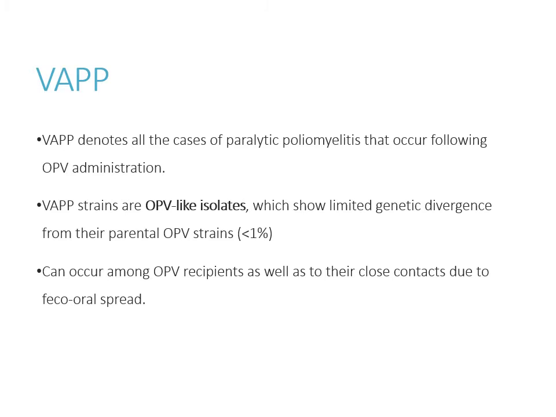If we talk about the genetic sequence of the virus isolated in these cases, when the genetic difference from the main OPV strain is less than 1%, we say these are cases of vaccine associated paralytic poliomyelitis. It occurs among OPV recipients, all those taking the oral polio vaccine, as well as there is risk to close contacts due to the fecal-oral spread.